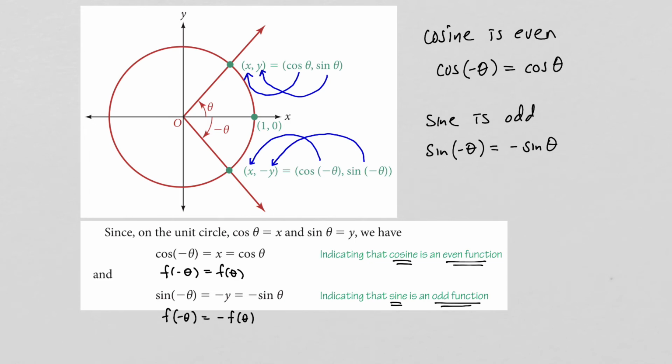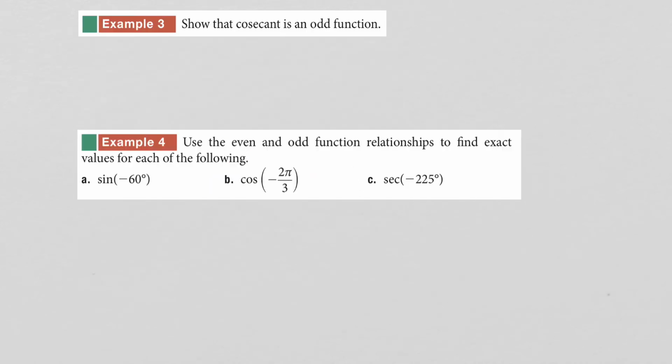Now let's take a look at a couple of examples. In this next example, it says, show that cosecant is an odd function. And I am going to summarize which trig functions are even and which trig functions are odd in just a minute. But how do we show that cosecant is an odd function?